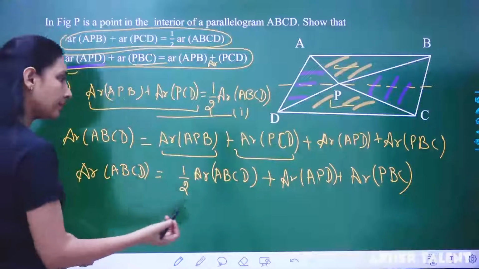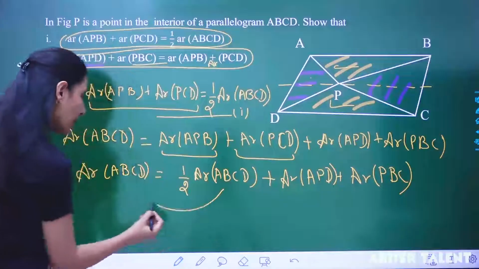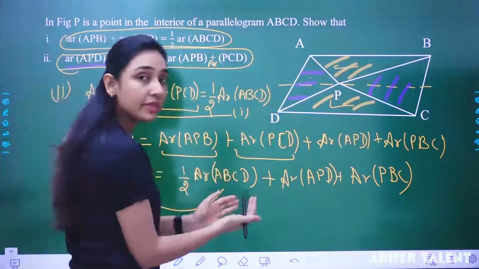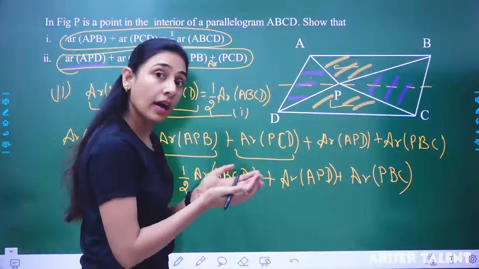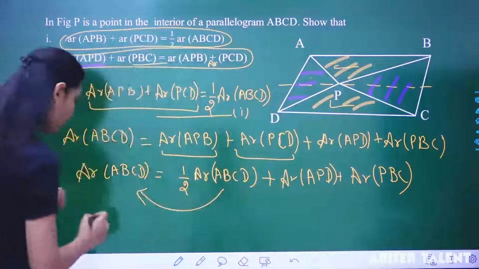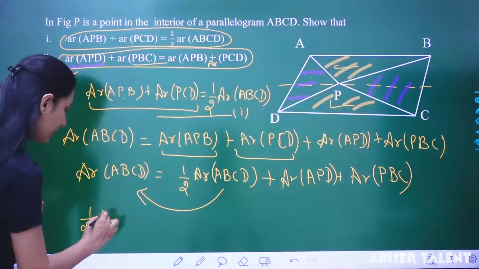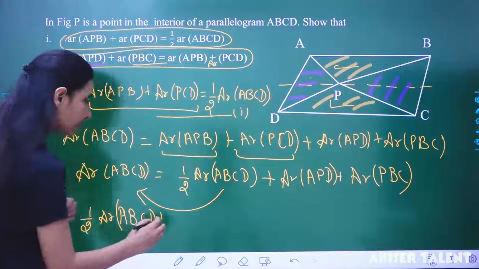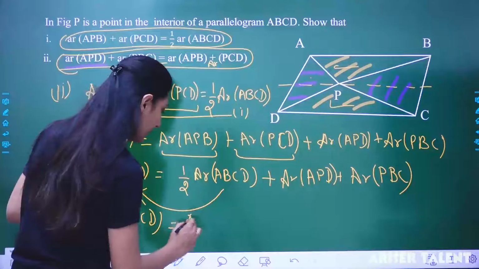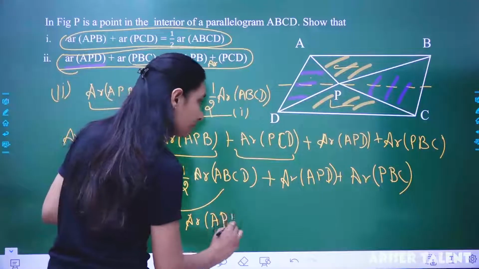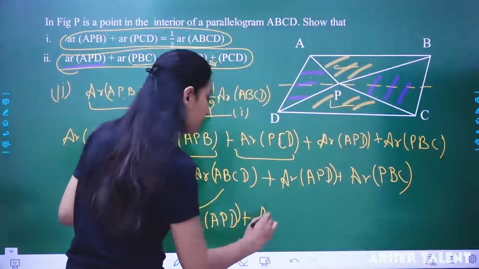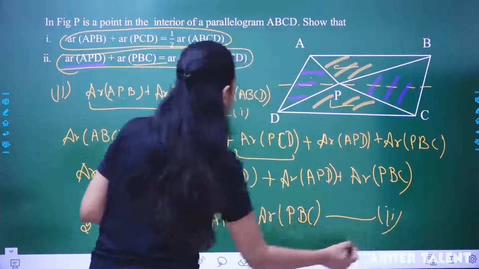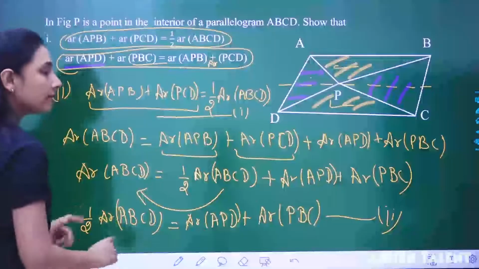Then just bring this half ABCD here. Area ABCD minus half area ABCD is half ABCD. So, half area ABCD is equal to area APD plus area PBC. Now name it equation second, and the very first that we proved is first.